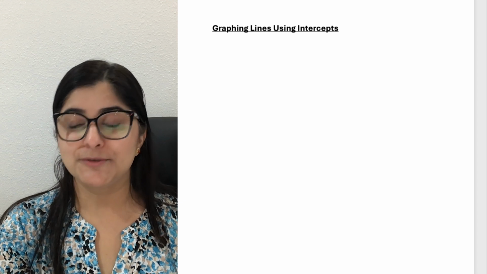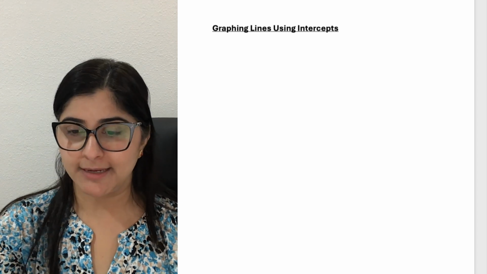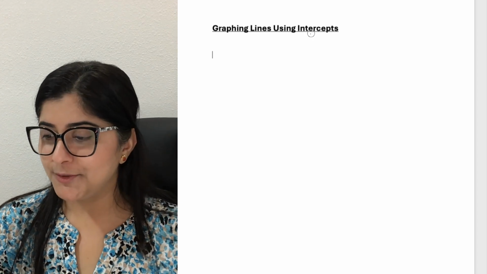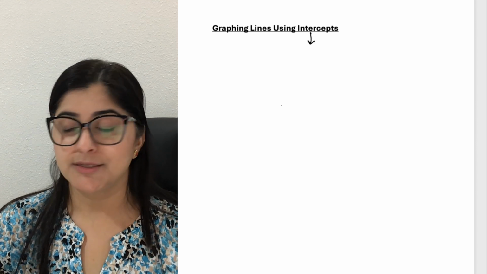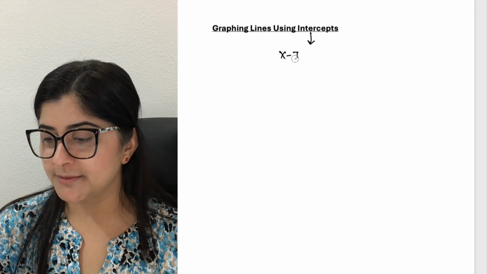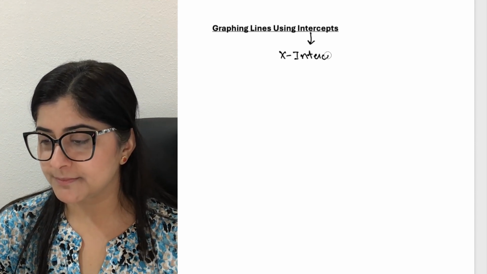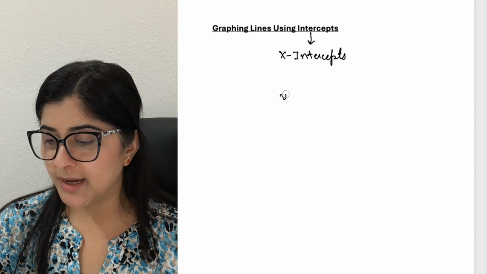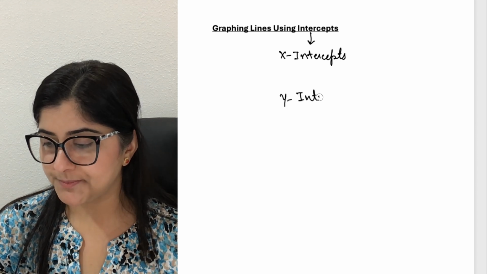Let's learn now how to graph lines using intercepts. So first of all, what do we mean by intercepts? So we have x-intercepts and y-intercepts.